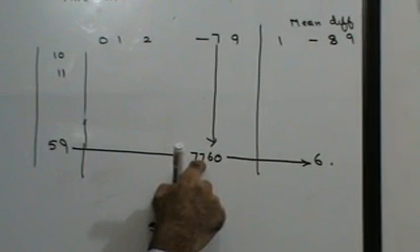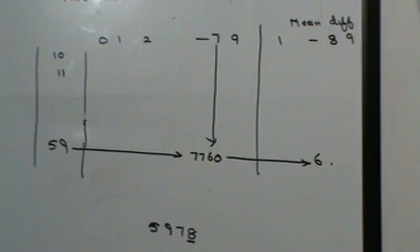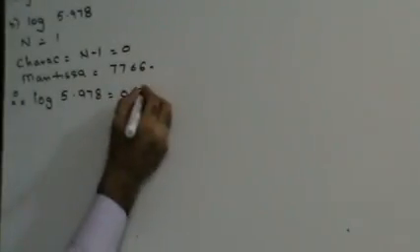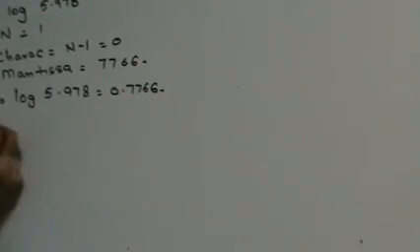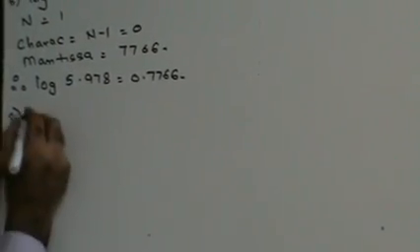So this will become 7760 plus 6, that is going to be 7766. So the Mantissa is 7766. Therefore, log of 5.978 is 0.7766.